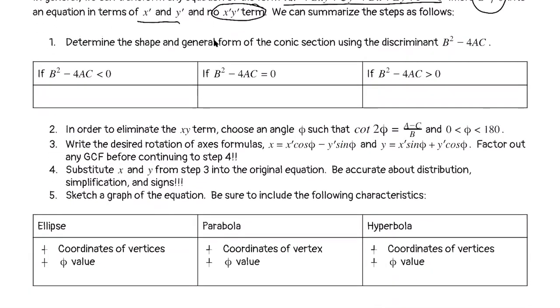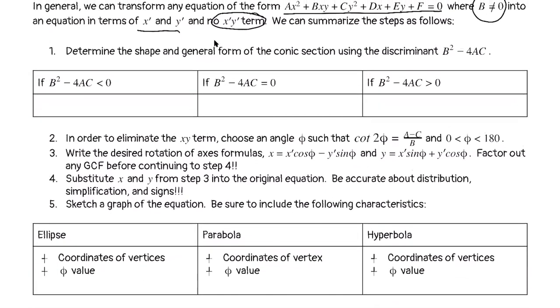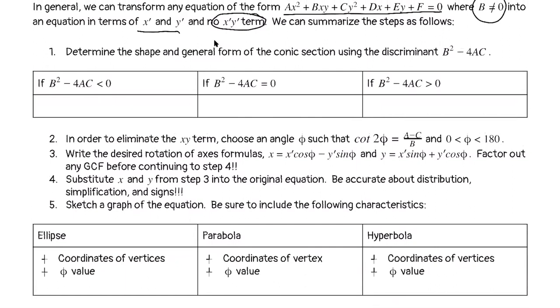Okay, so in general, the first thing we want to do is determine the shape and the general form of the conic section. And we're going to do that using the discriminant, b squared minus 4ac. When the discriminant is less than 0, you know that your shape is going to be an ellipse.